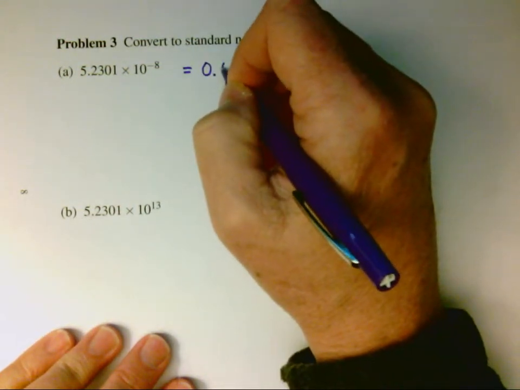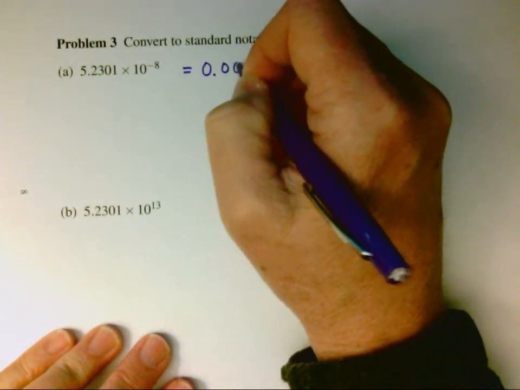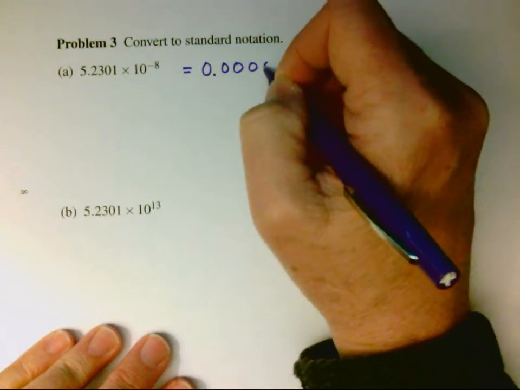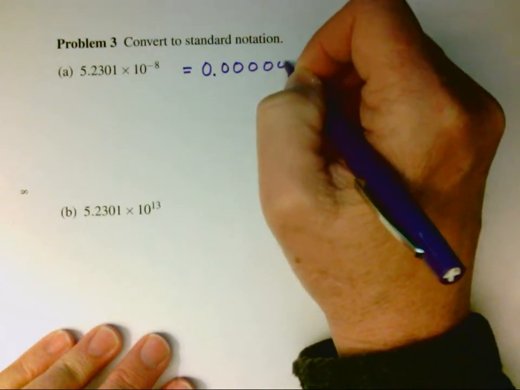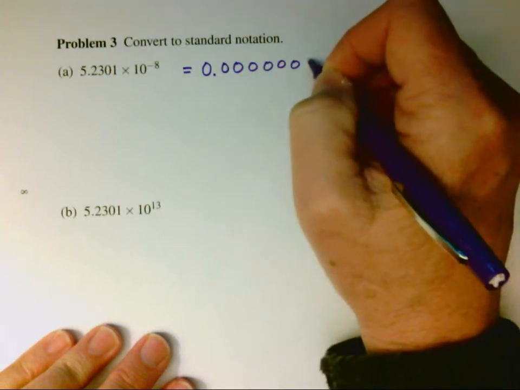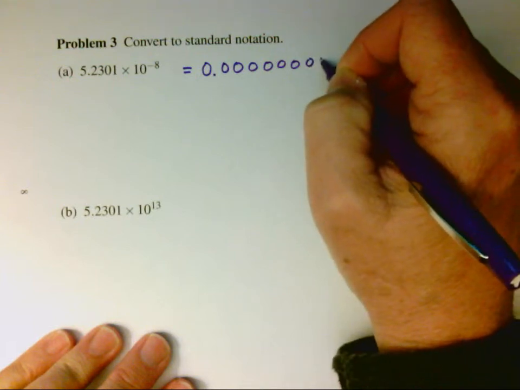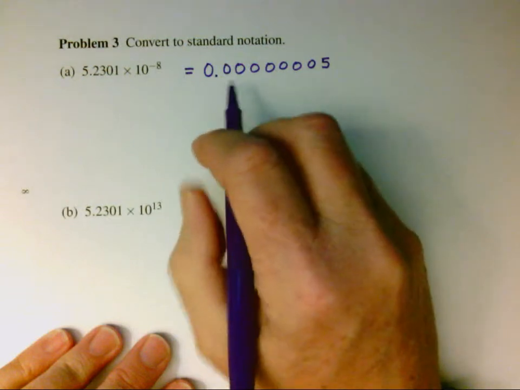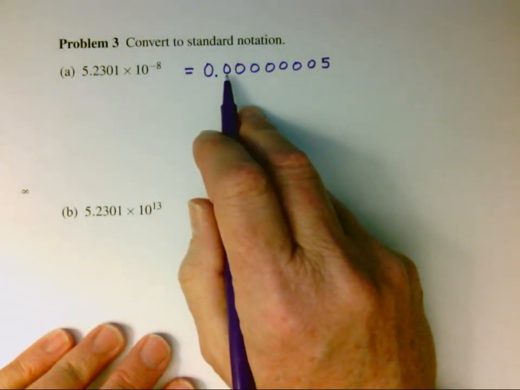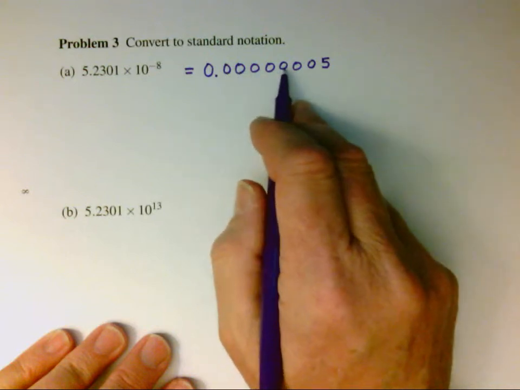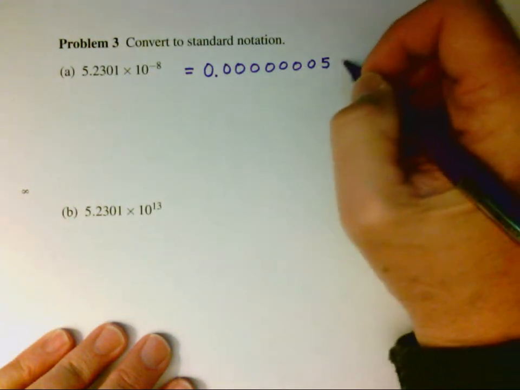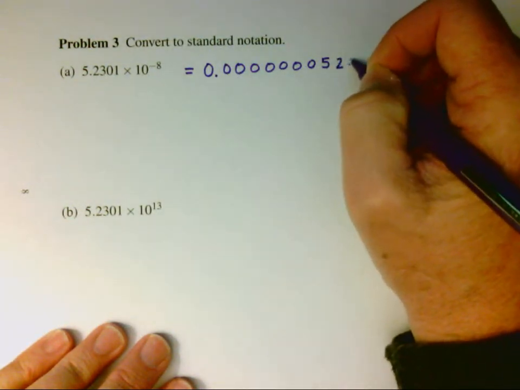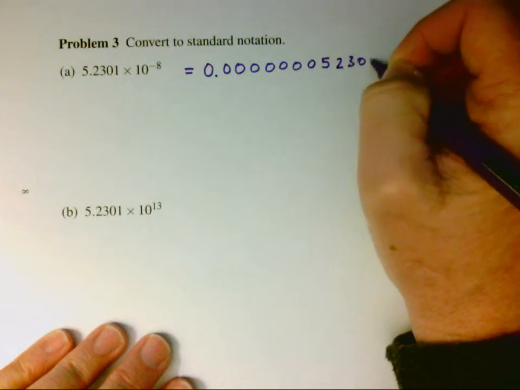So there's 10 to the negative 1, negative 2, negative 3, negative 4, negative 5, negative 6, negative 7, negative 8 is where the 5 goes. Make sure I count it. Mathematicians are really bad about counting. So let's see, 1, 2, 3, 4, 5, 6, 7, 8. Then copy the rest of the number, 2, 3, 0, 1.